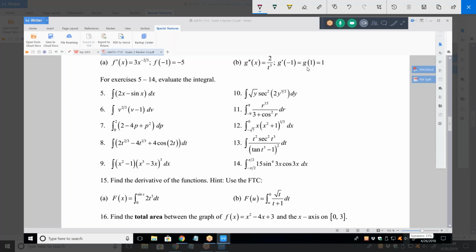So the only two techniques you have to integrate at this point are power rule, if it's a polynomial or a trig function, just find the antiderivative, plus U-Substitution. So at this point, you don't need to investigate a whole lot of types of integration. At some point, you will.